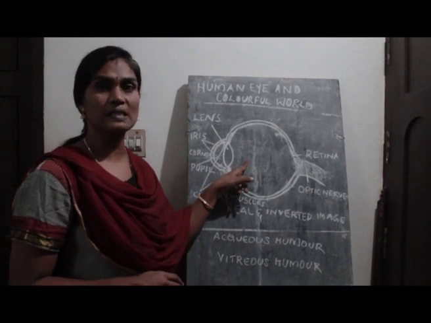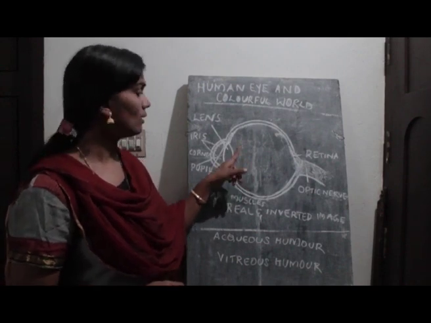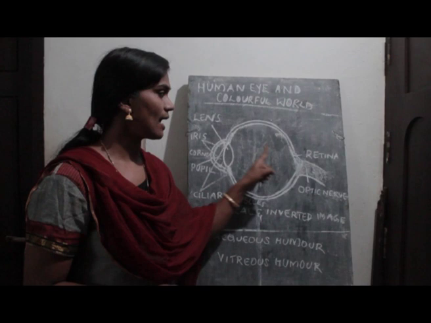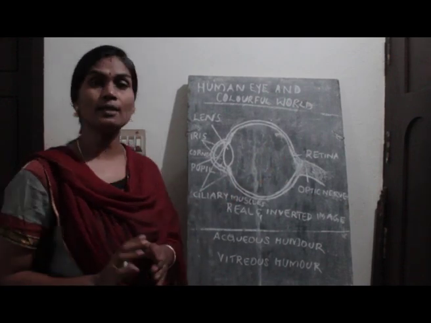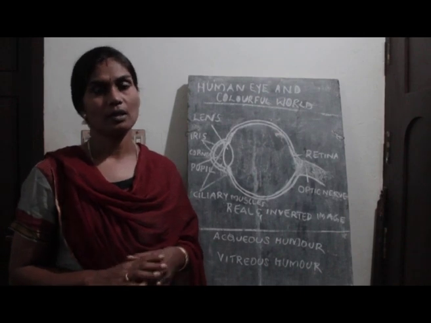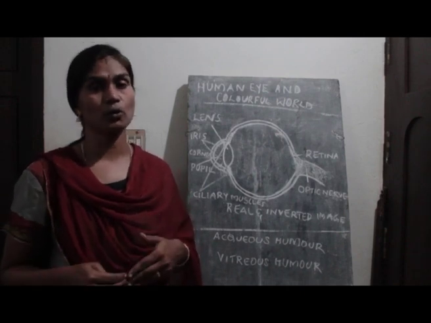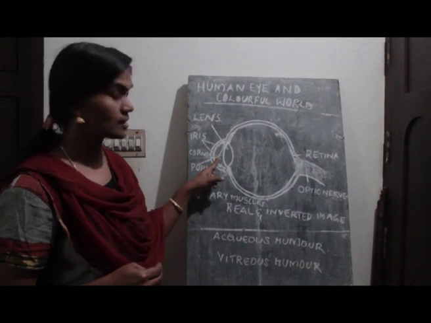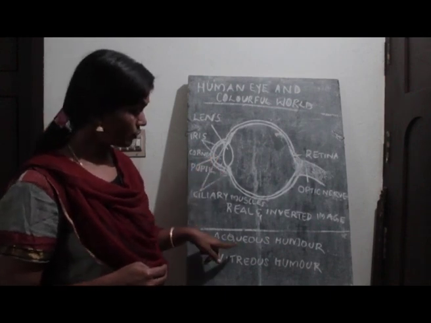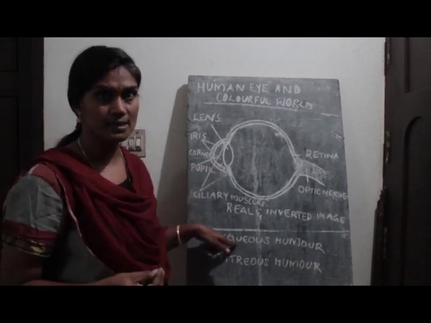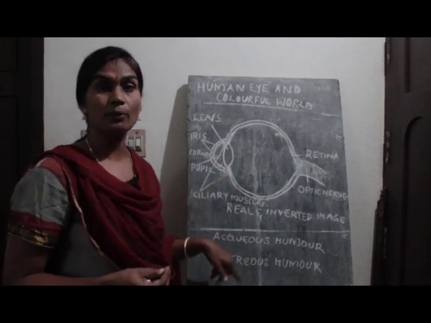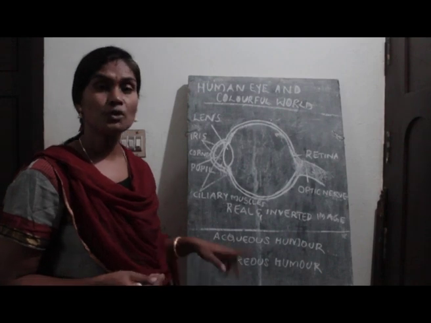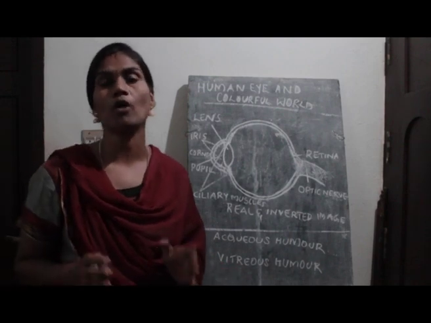Vitreous humor is present in the space between the lens and retina. So these are the two types of fluid. Functions I have already told you. Aqueous humor functions to give nutrients to our eye. Vitreous humor functions to maintain the shape of the eye.